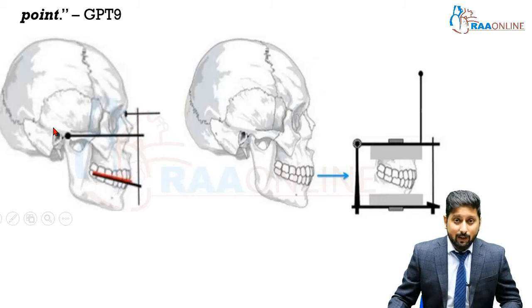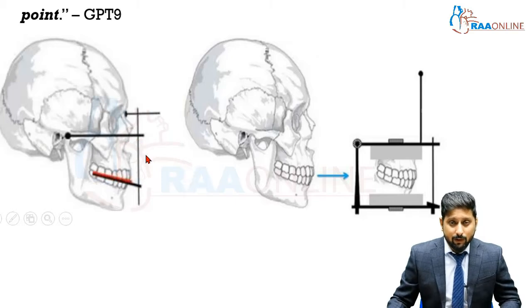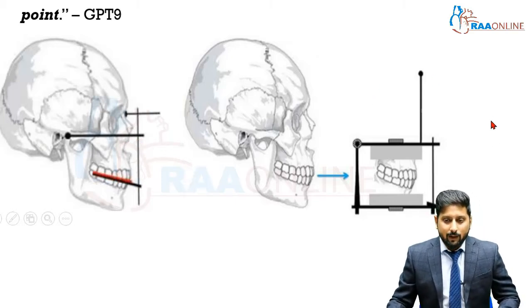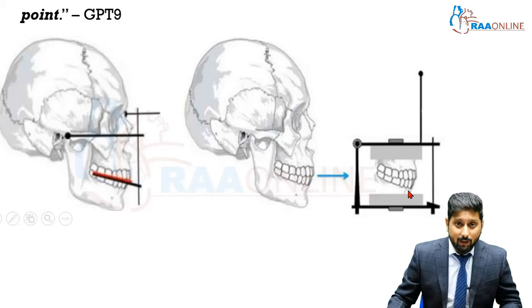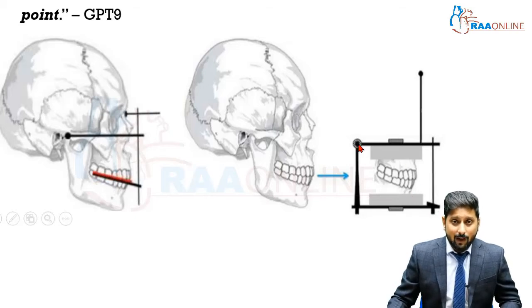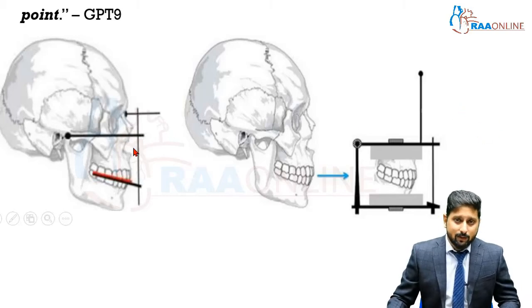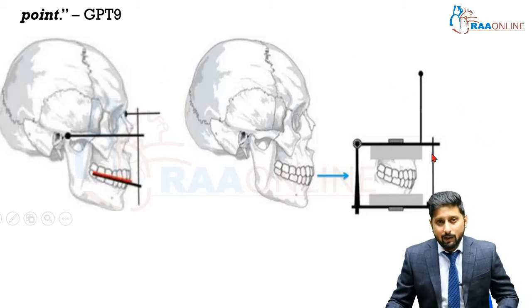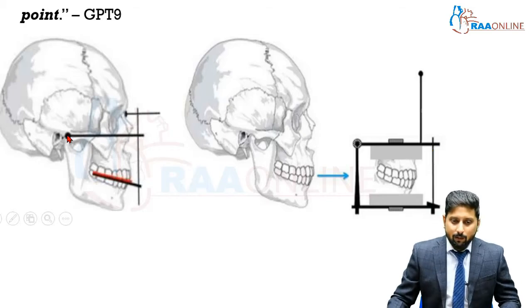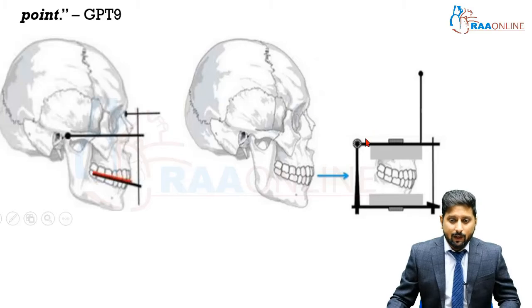Now using these 3 reference points, we have recorded the spatial orientation of the maxilla. Now you remove this face bow and you mount it in the articulator. The articulator will also have 2 posterior reference condyles and will also have an anterior reference. Now when you take this face bow and mount it in the articulator, the part of the face bow touching the posterior reference in the patient will correctly coincide with the posterior reference in the articulator.